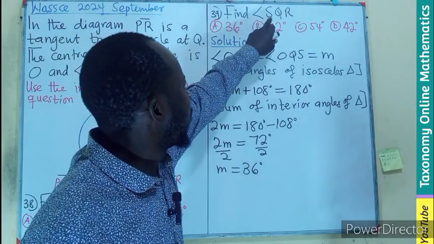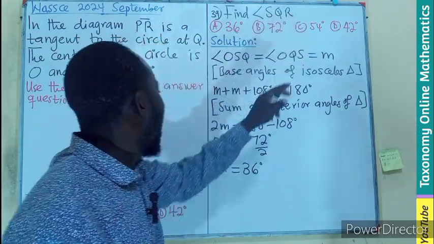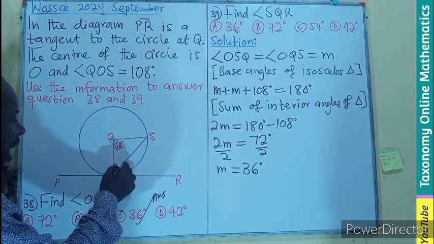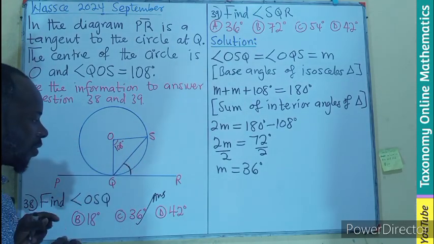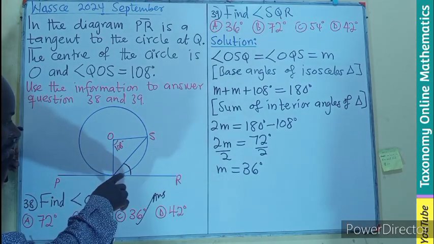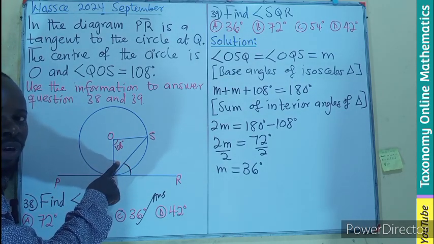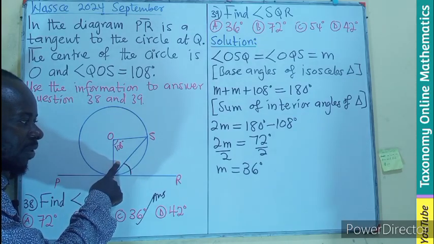Then further, we have to find SQR, this very angle. Right? And that angle we are seeing here plus whatever we have here should give us 90 degrees. Is that not it?